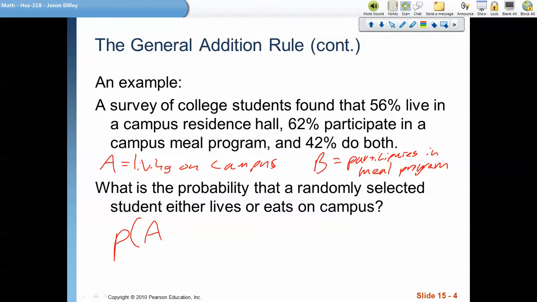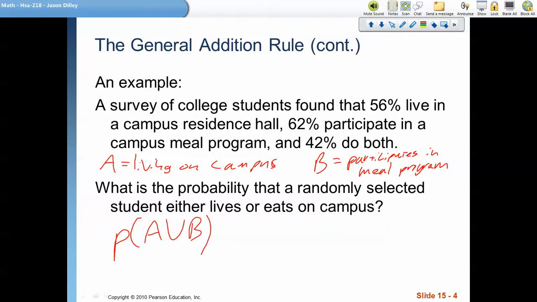Like an arc or like a U? They're both parabolas. Like a positive parabola or like a negative parabola? Yeah, N or U. Positive, yeah. Okay. So that's P of A or B, because it's asking us, does a student live or eat on campus?